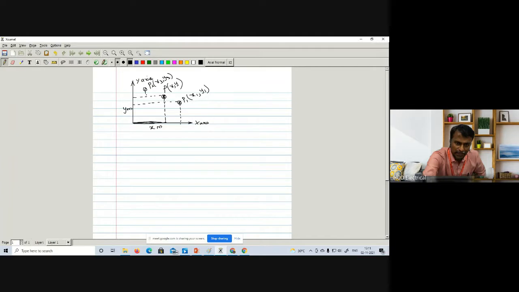So we have different sets of points, which allow us to draw the curve for any experiment or any data. We can use this Cartesian coordinate system for that.